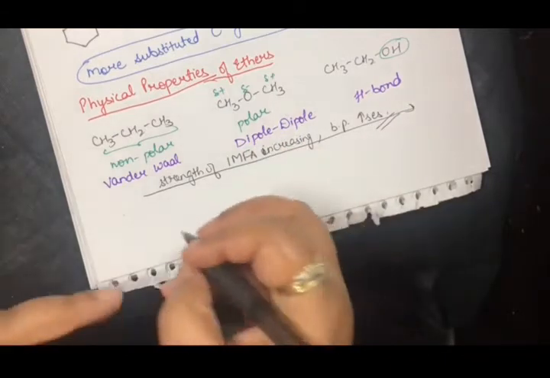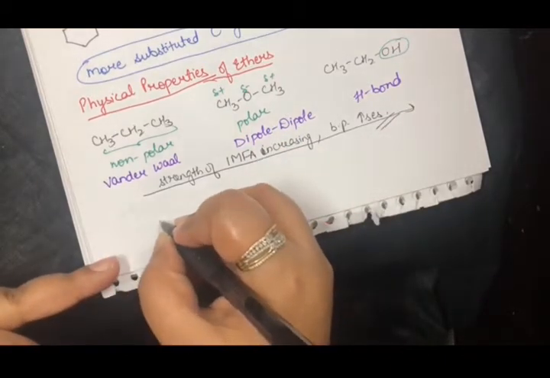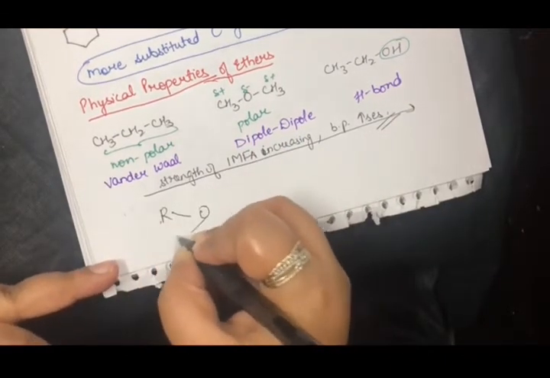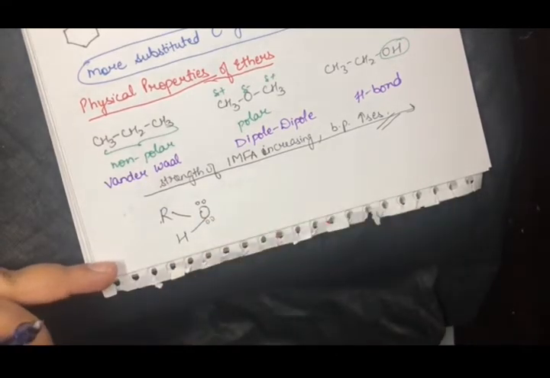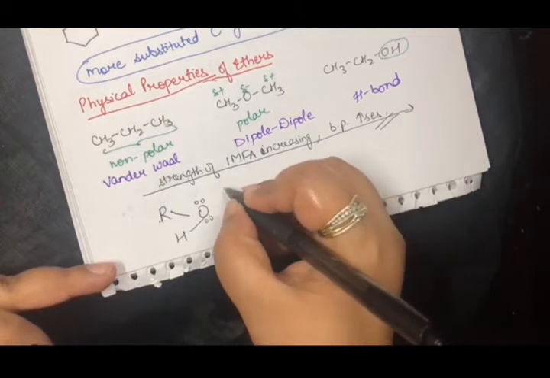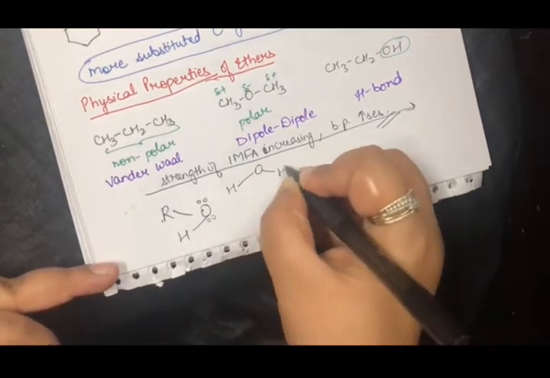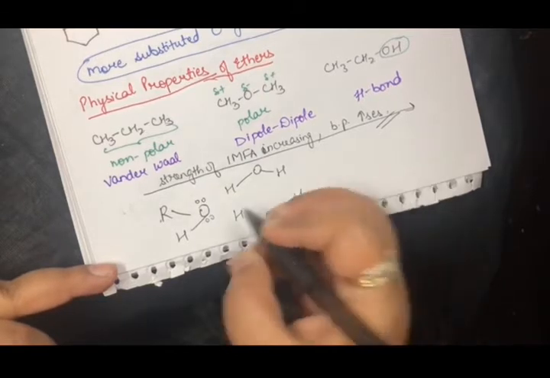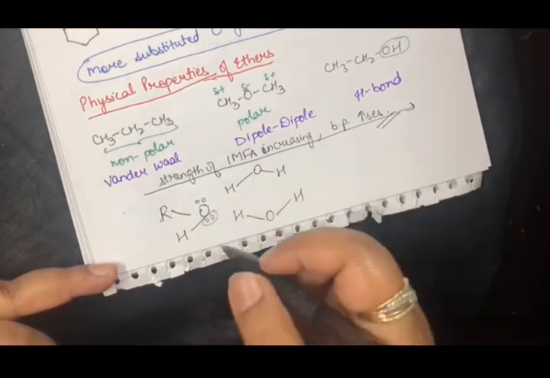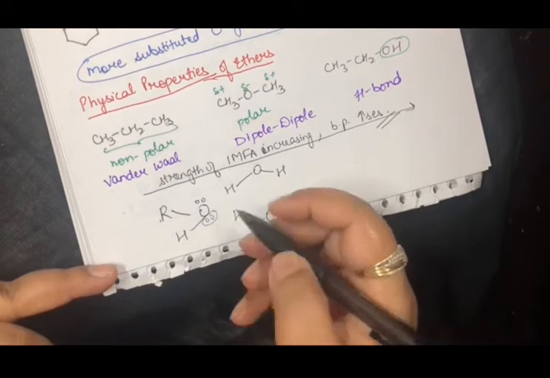Now if I draw the structure of ether, let's just make the general form. Now what is happening when you add it to the aqueous medium? These are the two lone pairs on oxygen.